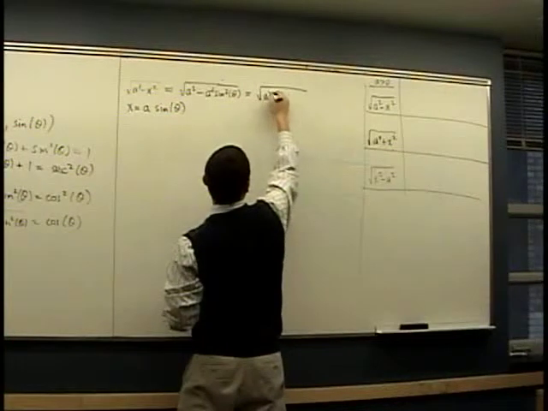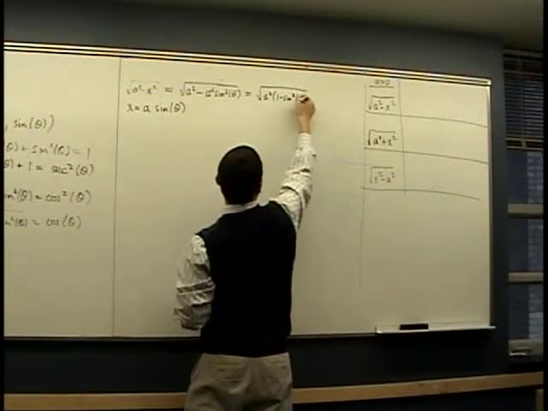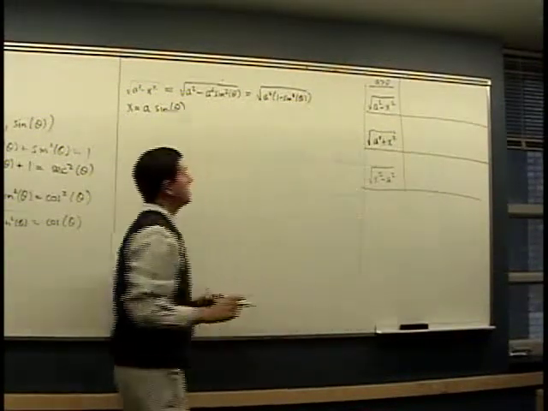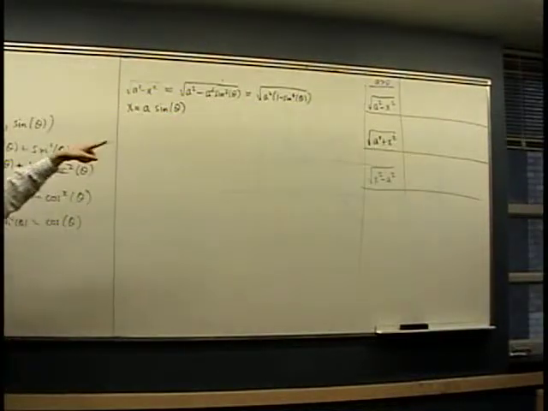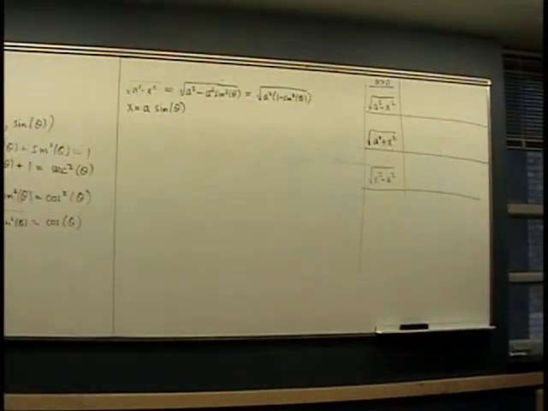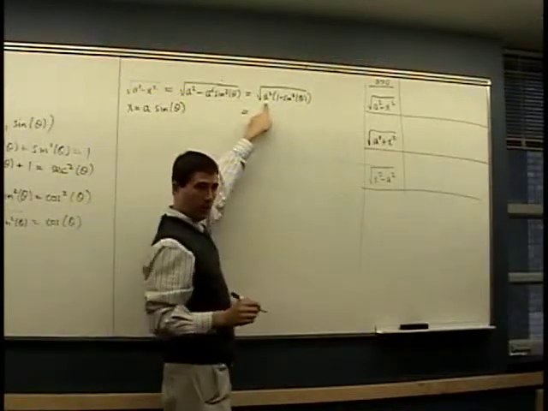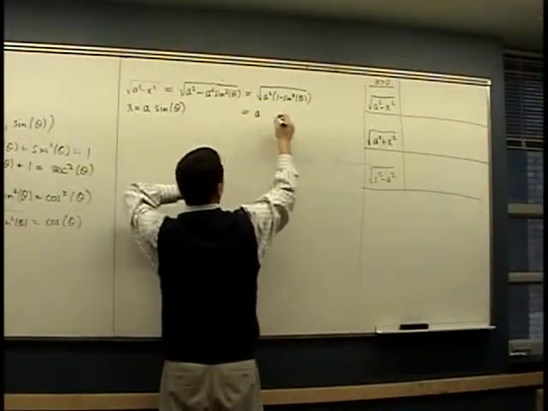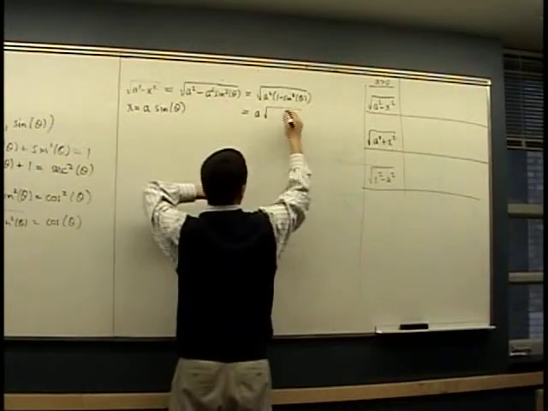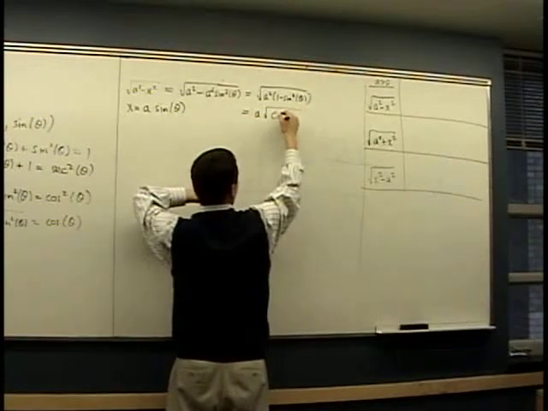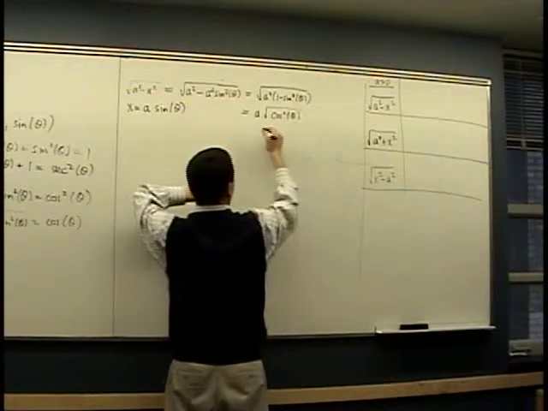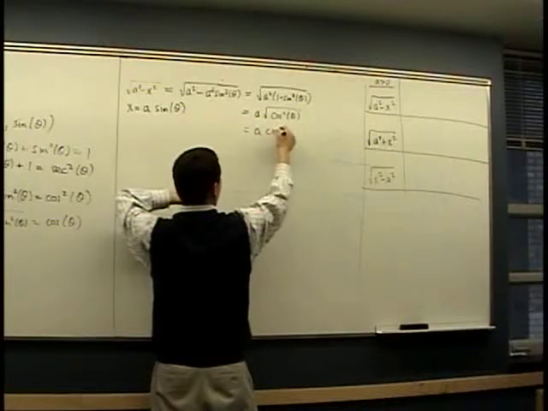If I factor out an a squared, then I get a squared times 1 minus sine squared, which gets me back to this nice case. This breaks up: the square root of a squared would be a, and then I get the square root of 1 minus sine squared, which is cosine squared. And of course, this becomes a cosine theta.